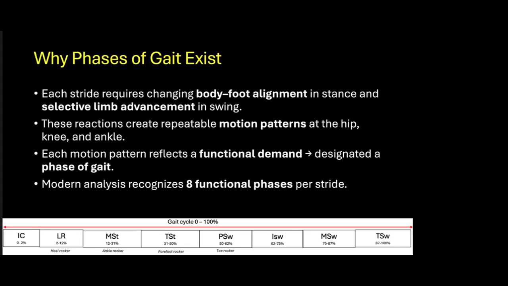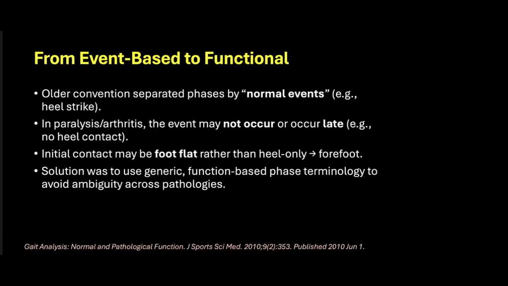Initially, the older conventions used separate phrases to describe normal events, for example, heel strike. That phrase is redundant these days, because we have stopped using generic words and we use more function based terminology so that we can avoid ambiguity when we discuss different pathological gaits.